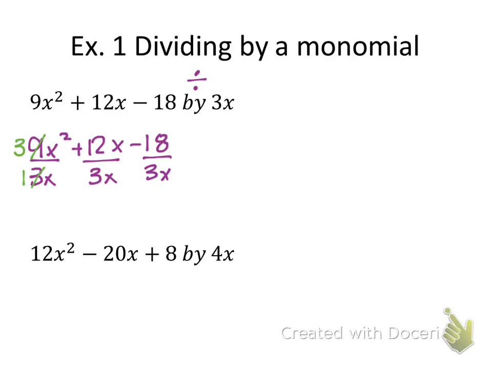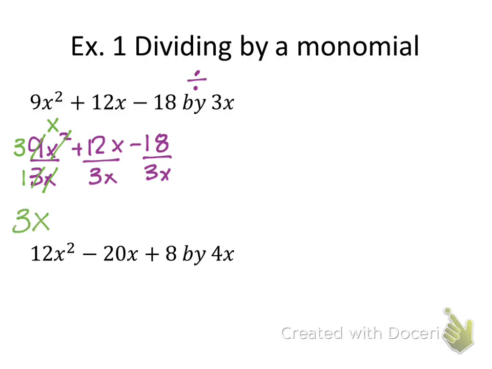So how many x's can I cancel out? 1. So I cancel 1 out from the bottom. That's all that it has. Cancel 1 out from the top, and I'm actually left with 1 because there was 2 there to begin with. Okay? So my new first term is 3x over 1, which is basically the exact same thing as saying 3x.